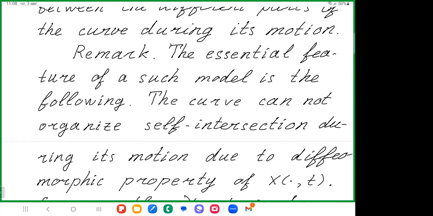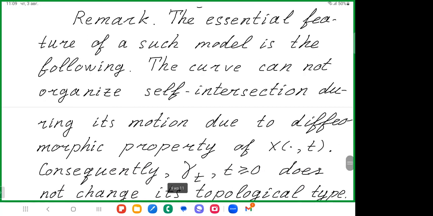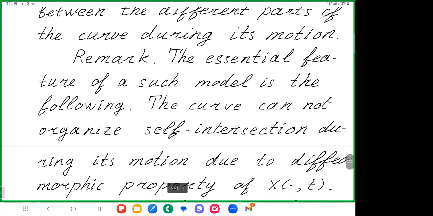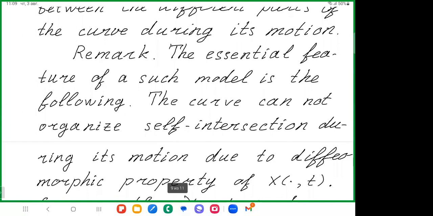Since x is a diffeomorphism, it cannot glue up points. So if our gamma 0 has no self-intersections, then gamma t for sure will have no self-intersections.